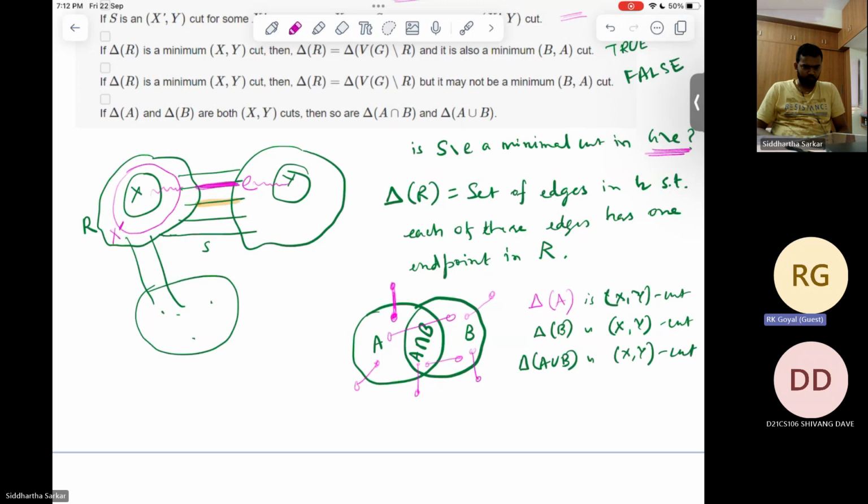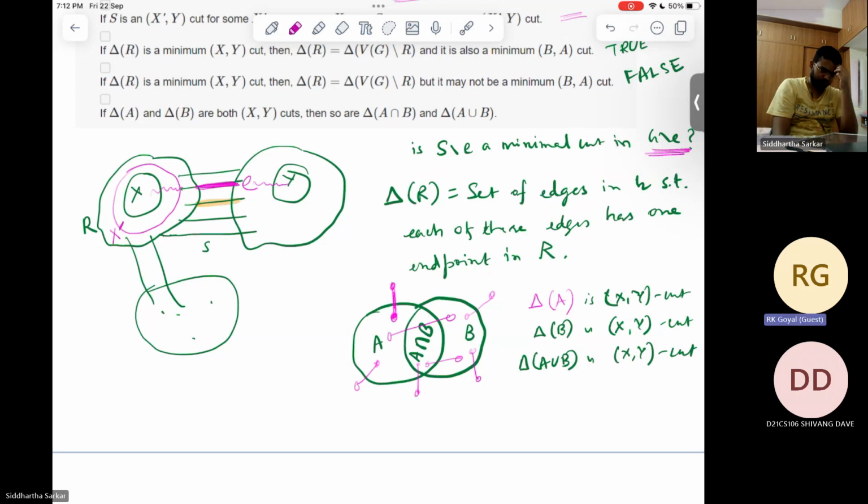So clearly, if I remove the edges emanating from A, they are going to disconnect X and Y, and all the edges emanating from B are also going to disconnect X and Y. So if A and B alone are disconnecting X and Y, their union will definitely disconnect X and Y.